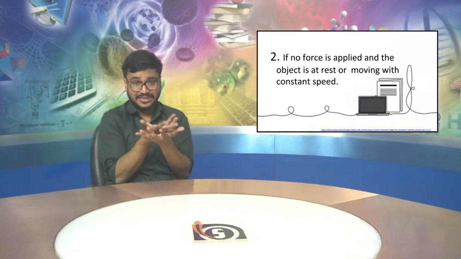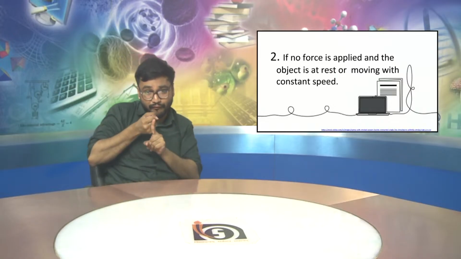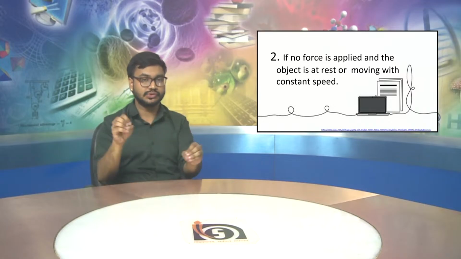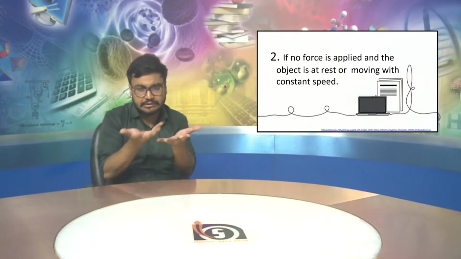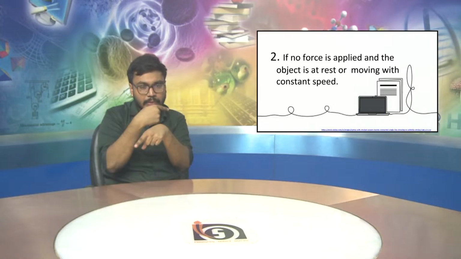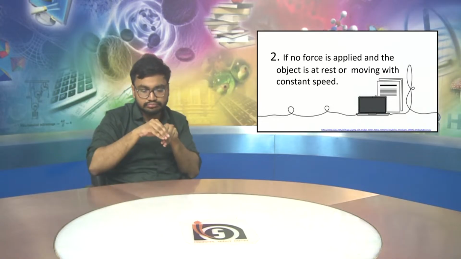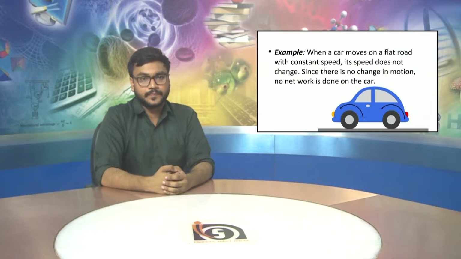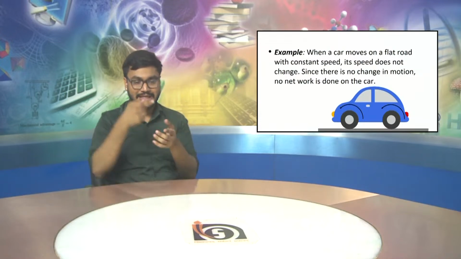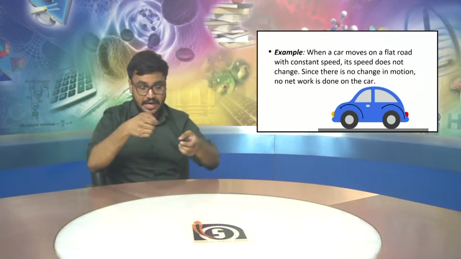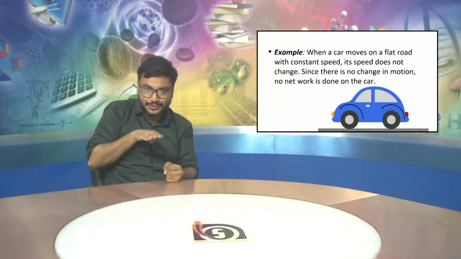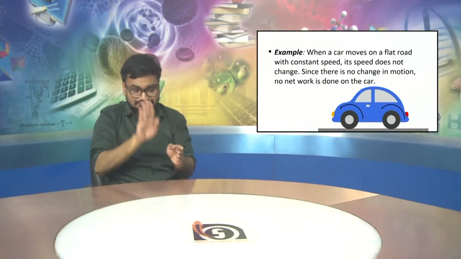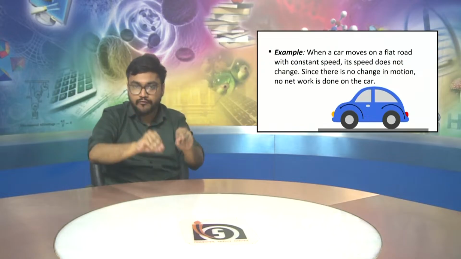And the second condition is if no force is applied and the object is at rest or moving with constant speed. For example, when a car moves on a flat road with constant speed, its speed does not change.